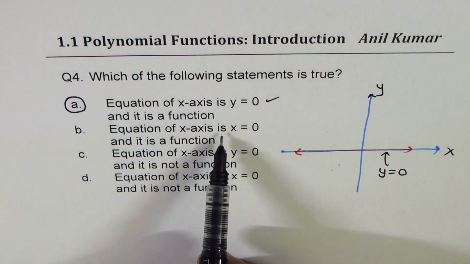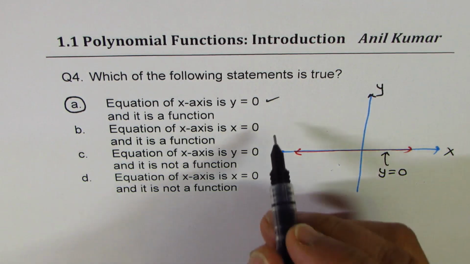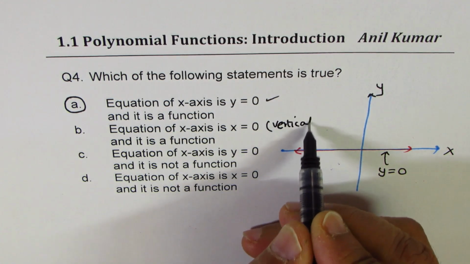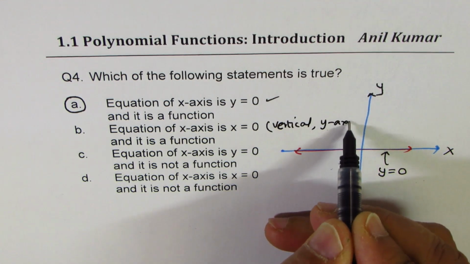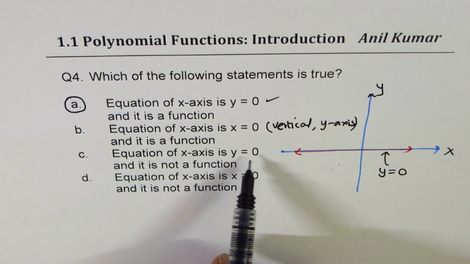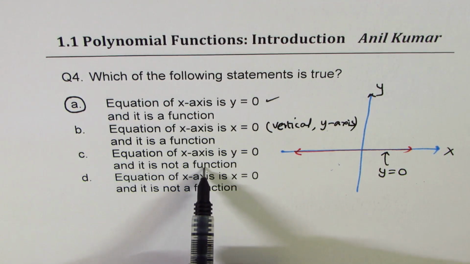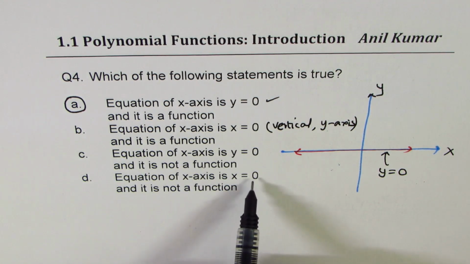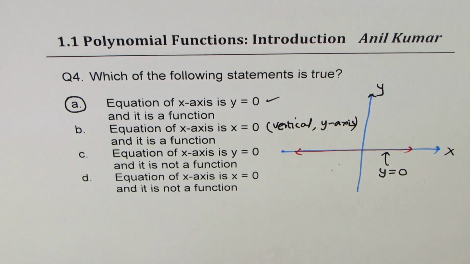Equation of x-axis is x equals 0. No, this is vertical axis, right? It is vertical, rather y-axis. So that is incorrect. Equation of x-axis is y equals 0 and it is not a function. It is a function. Equation of x-axis is x equals 0. That is not correct. So option A is the correct option, right?